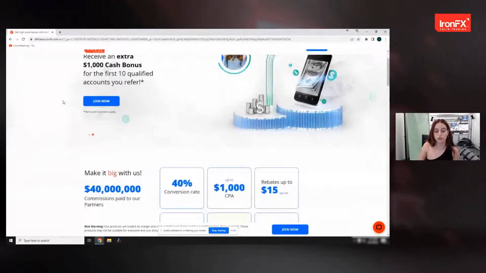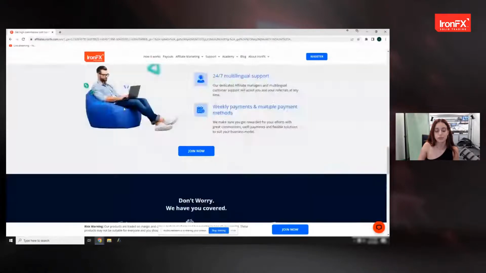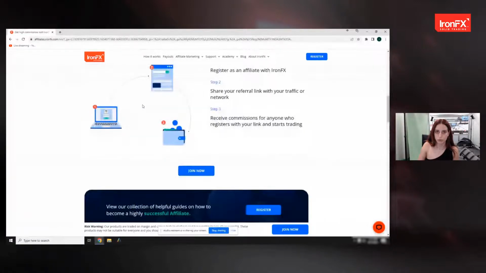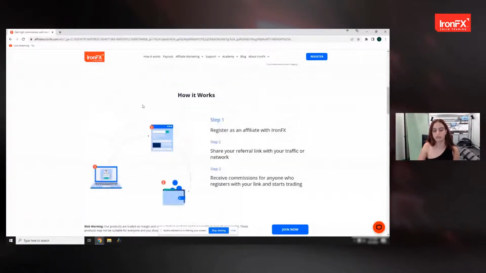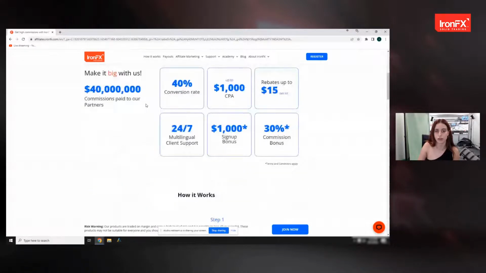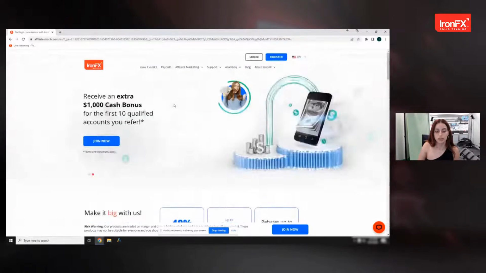If you scroll down, you can see here how it works as well. Why partner with us, etc. It's super simple for you to sign up as an affiliate. It's exactly the same process of signing up as a client. As I said, if you have any questions, you can always contact our support team and we will help you through the process.